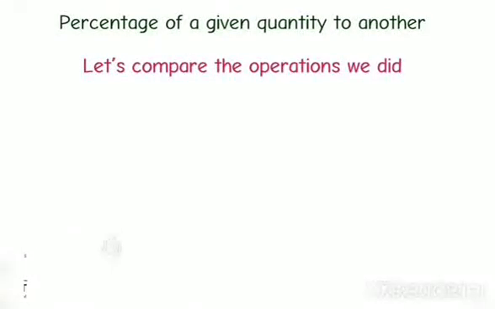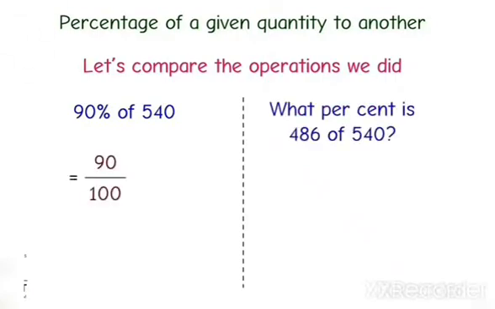Let's compare the operation we did. Now we have seen finding the percentage of a given number. Let's look at the difference: 90% of 540, and what percentage is 486 of 540?